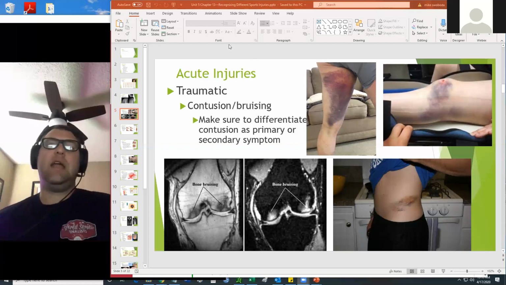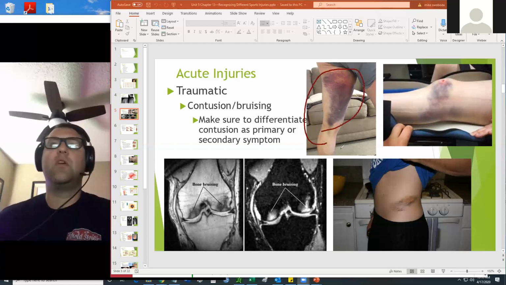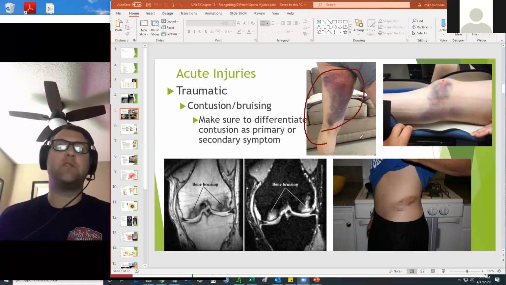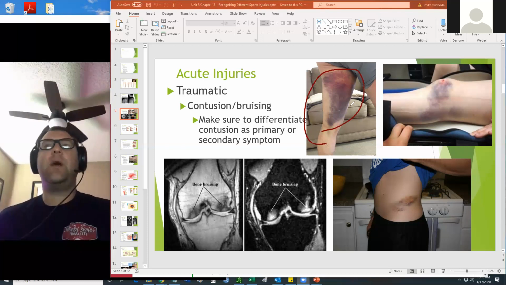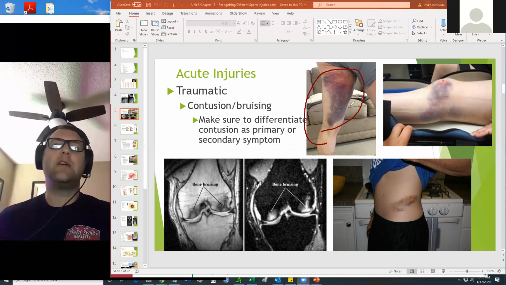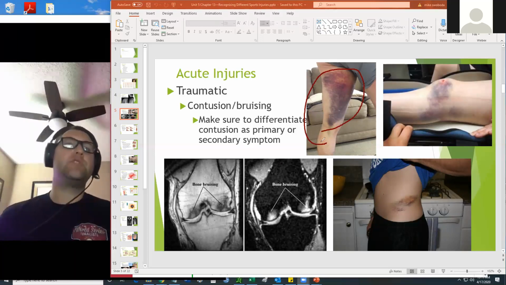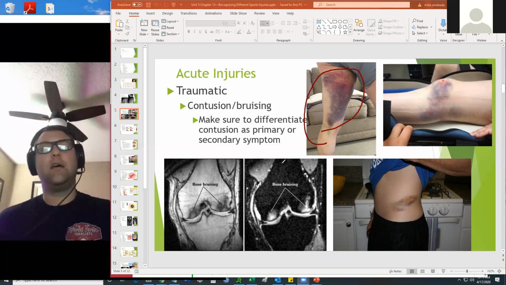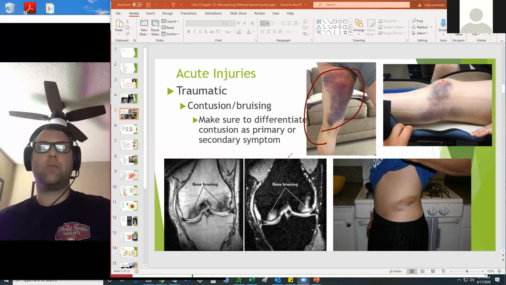If you look at something like this here, which is typical of a hamstring strain, if you were to tear your hamstring muscle, you would get really systemic bruising on the entire backside of your leg, but that bruising isn't the primary cause. I didn't just get hit in the leg causing a bruise. No, I tore the muscle, and the muscle itself is what's causing that bleeding. So the bruising or the contusion is secondary to the actual tear in the muscle.